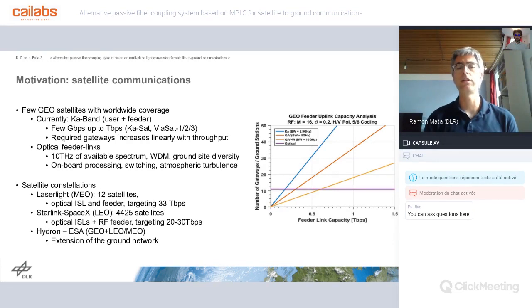In that case, all these constellations are based on optical intersatellite links. The MEO constellation is also based on feeder links using optical technologies, whereas Starlink is relying on radio frequency technology. Some developments in that direction also come from ESA with the concept of IRIS, which is a concept of creating a network of satellites in the sky, which practically extends the terrestrial fiber network towards space.